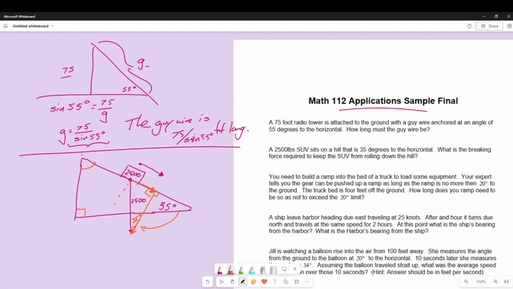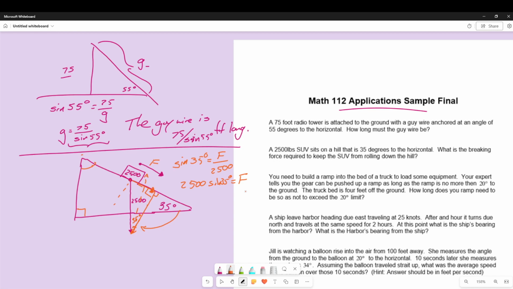If we wanted this amount of force going down that hill, well, in reference to the 35, this is an opposite side length, and that 2,500 is a hypotenuse again, so the sine of 35 degrees has to equal that force divided by the 2,500. So 2,500 times the sine of 35 degrees is going to be that amount of force.